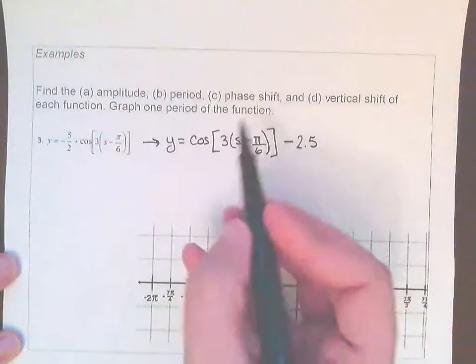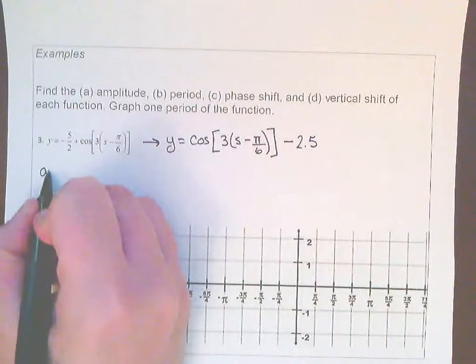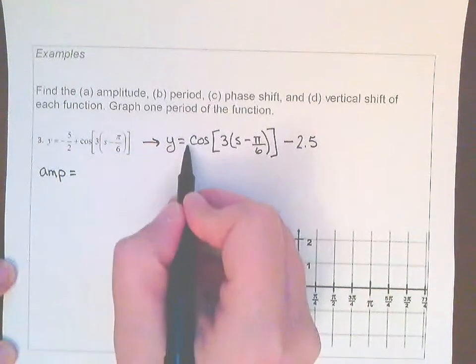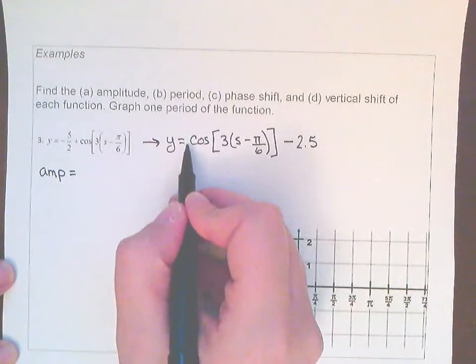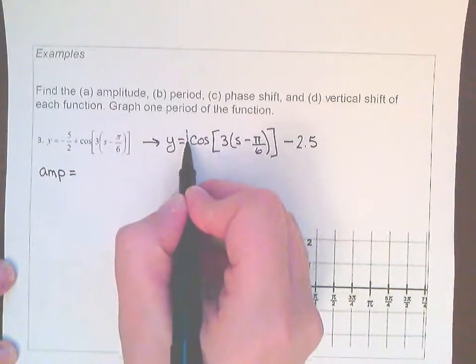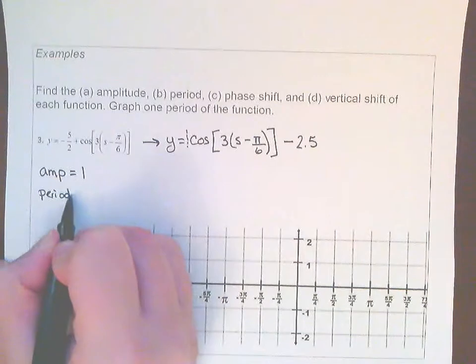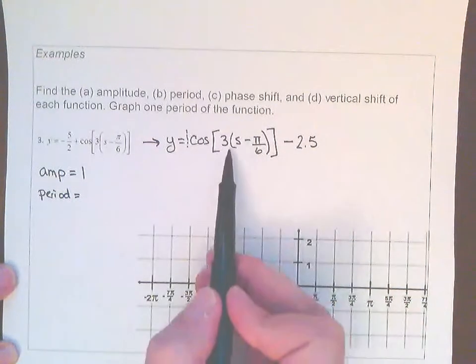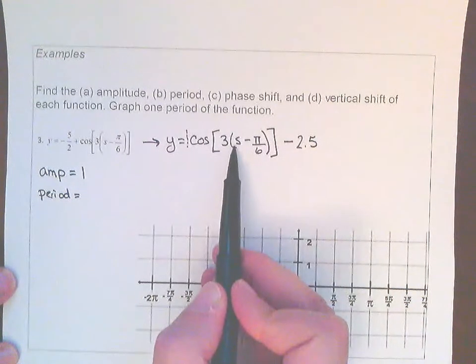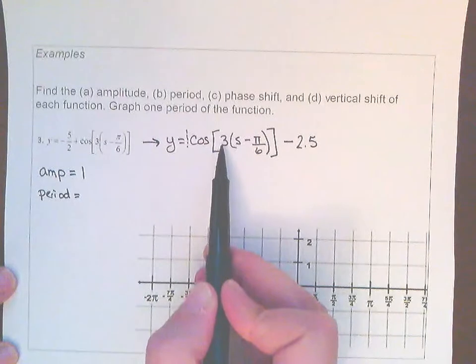Okay, so here, our amplitude, because there's no A, our amplitude is just going to be 1. All right, our period. Now you notice that usually the B is right next to the x, but in this case the B has been taken out.